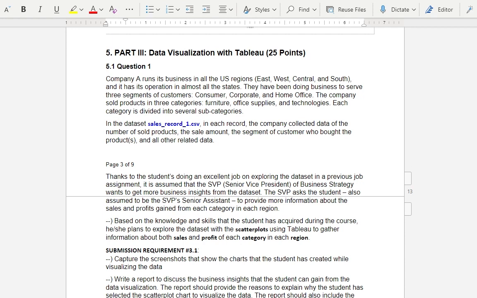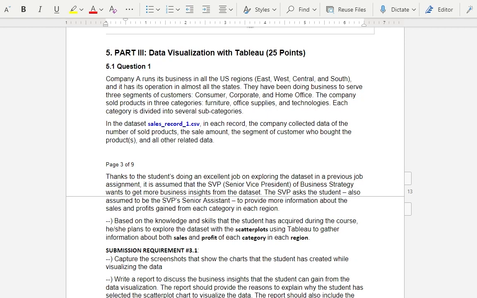Okay, this is from the information and instructions of the final project. For part 3, we're going to do a data visualization with Tableau. There are two questions in this part. For the first, we use the sales record one dataset. They pretend that company A runs a business across US regions, serving three segments: consumer, corporate, and home office.